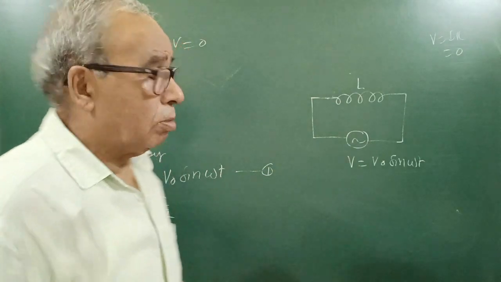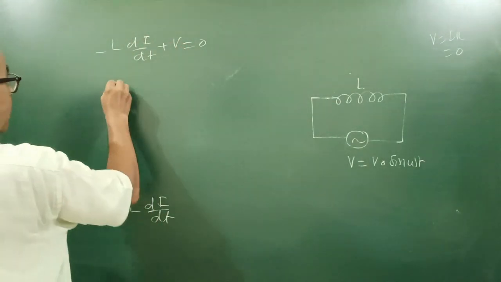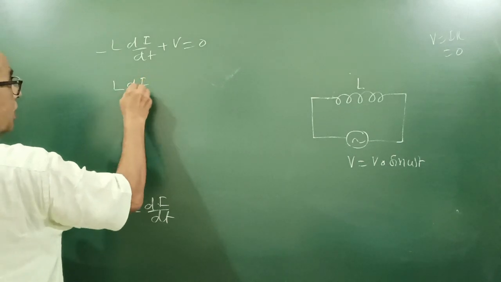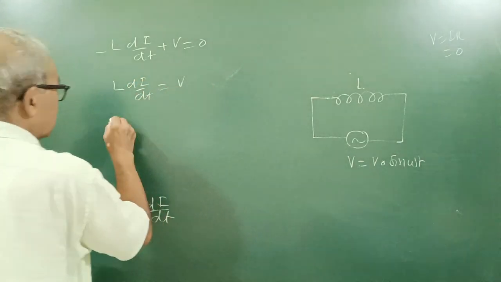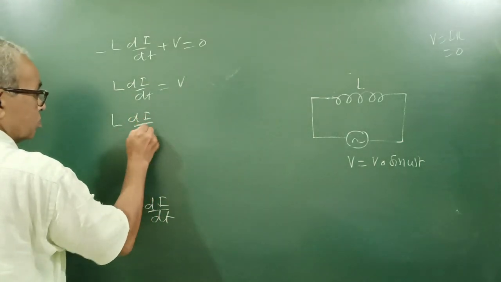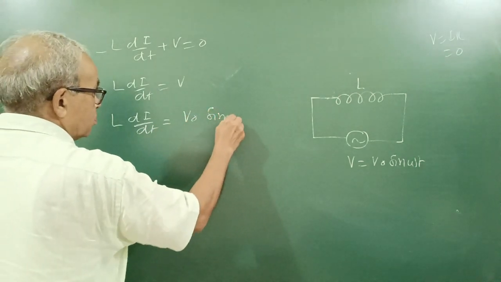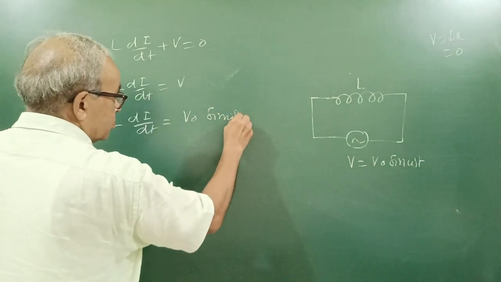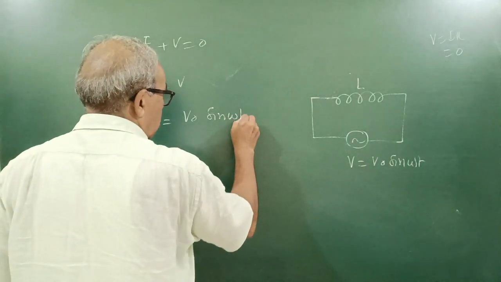This is called Kirchhoff's law. Or you can write L di over dt equal to V, and V means V0 sin omega t.